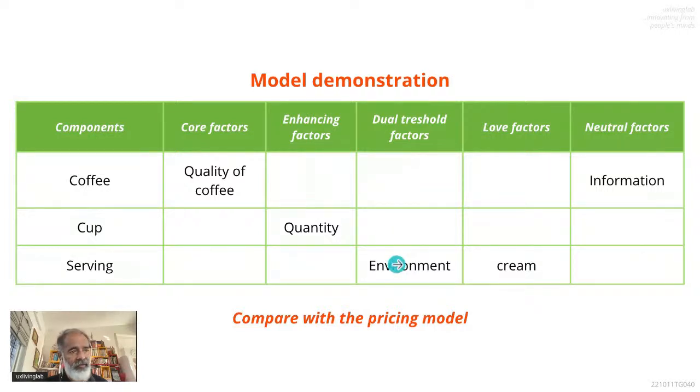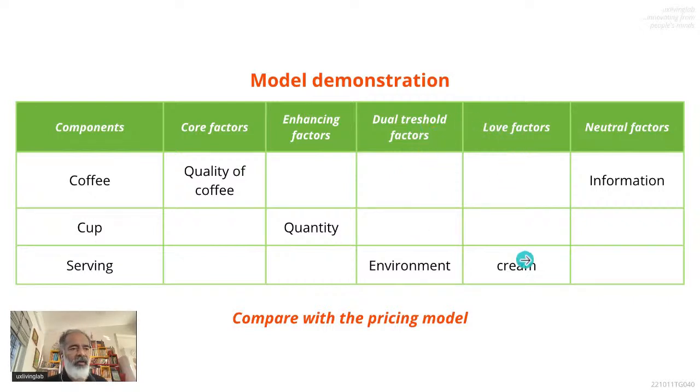So the environment differs, and the customer is ready to pay for that environment. Actually, the coffee powder has the same cost, but the customer is ready to pay for the environment. That's why the dual threshold factors should be there.